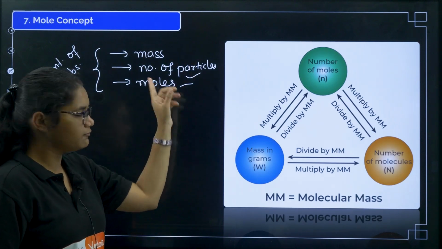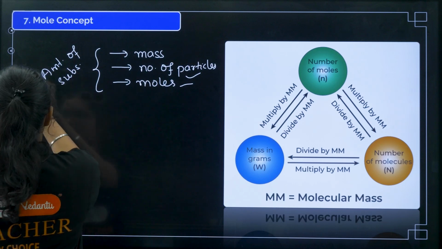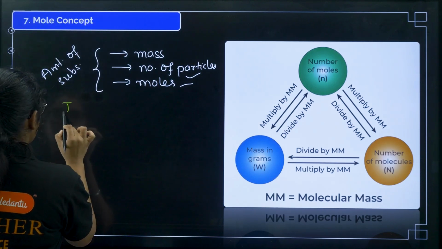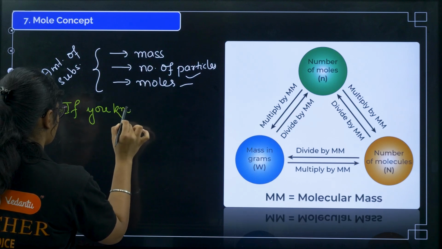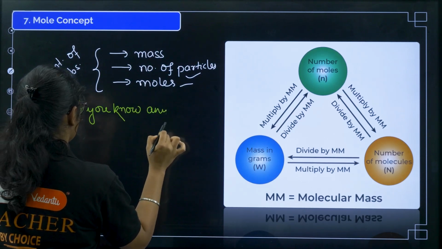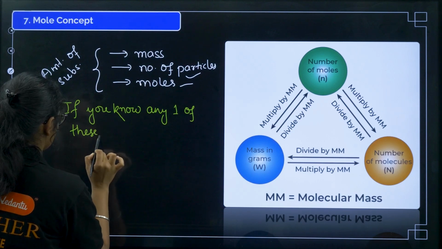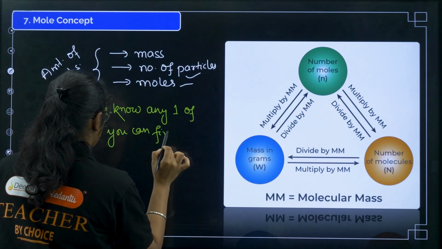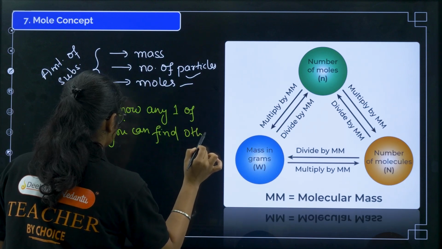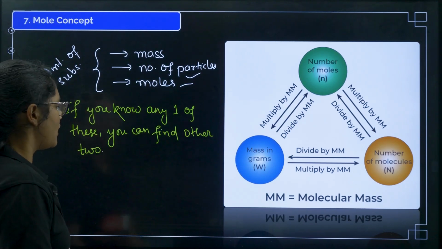So if you know any one of these, you can find out the other 2. So what is the point here? If you know any one of these, then you can find the other 2.